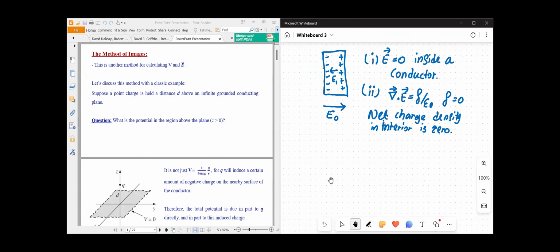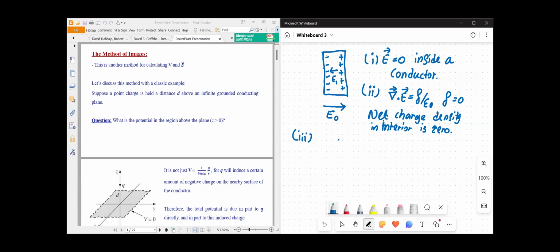What else? Also, from this discussion, we get a third point. If there is any excess charge, these electrons move to the surface and we have positive charge here.